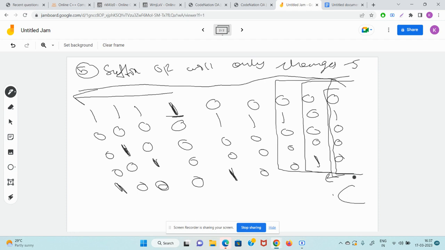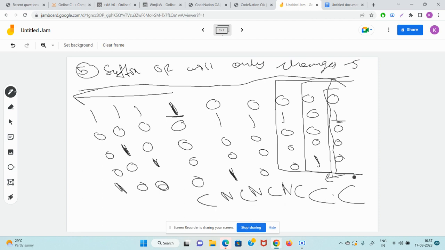So here it changes, here it changes. Here it doesn't change because a 1 was there here also, so NC. Here also it doesn't change, NC. Here also it doesn't change, NC.